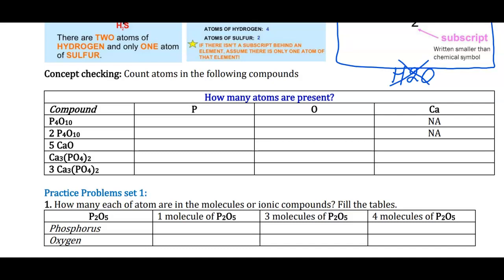So it's tetraphosphorus decoxide, right? So how many atoms of phosphorus are here? 4. Why? Because there is subscript 4 here.